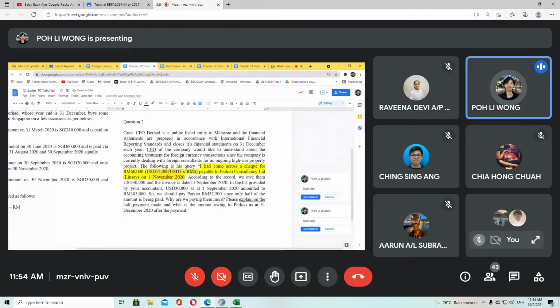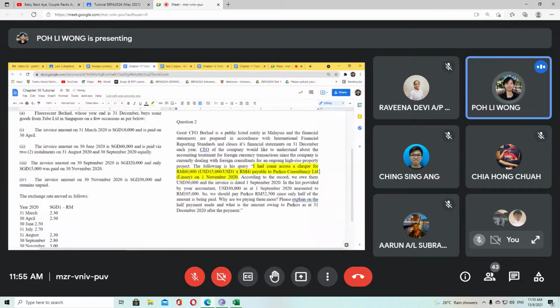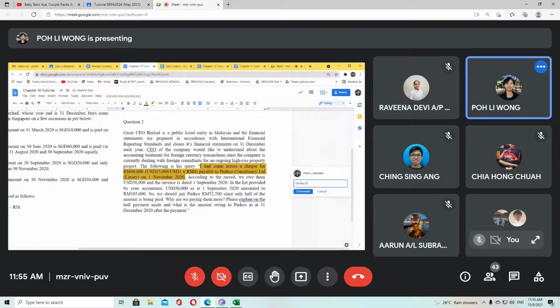We owe them USD 30,000 and the invoice is dated 1st September 2020. Oh, sorry, I have to cancel first. This is what they have mentioned, so this is basically the closing date and closing rate.